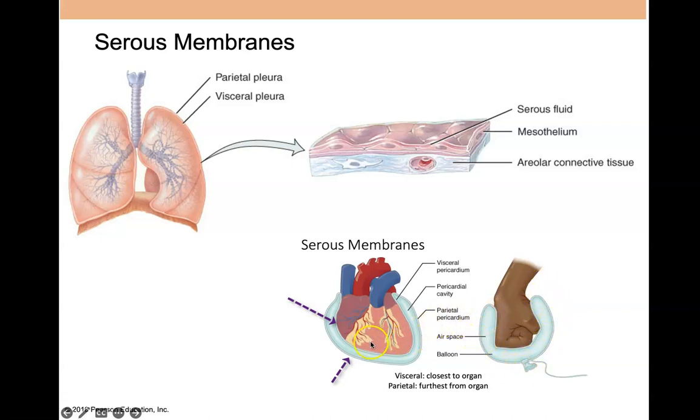So we call that the visceral pericardium and the parietal pericardium. And then it has that serous fluid secreted between them. That serous fluid is a thick, gelatinous fluid that acts as a lubricant as the heart is contracting, to help buffer the heart, so it's not rubbing up against your rib cage and damaging the heart.